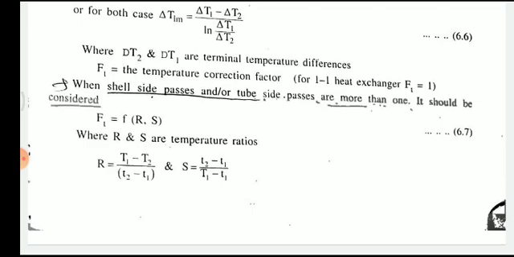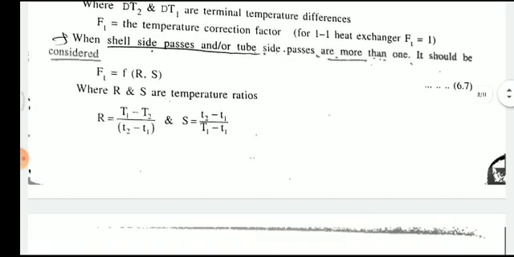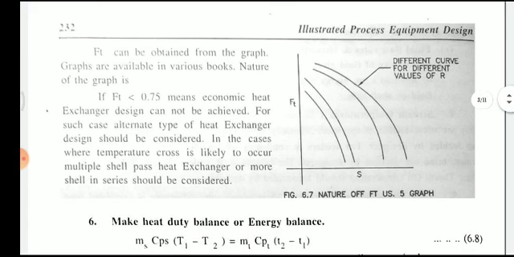R is (T1 minus T2) upon (t2 minus t1), and S is (t2 minus t1) upon (T1 minus t1). So it can be obtained from the graph.